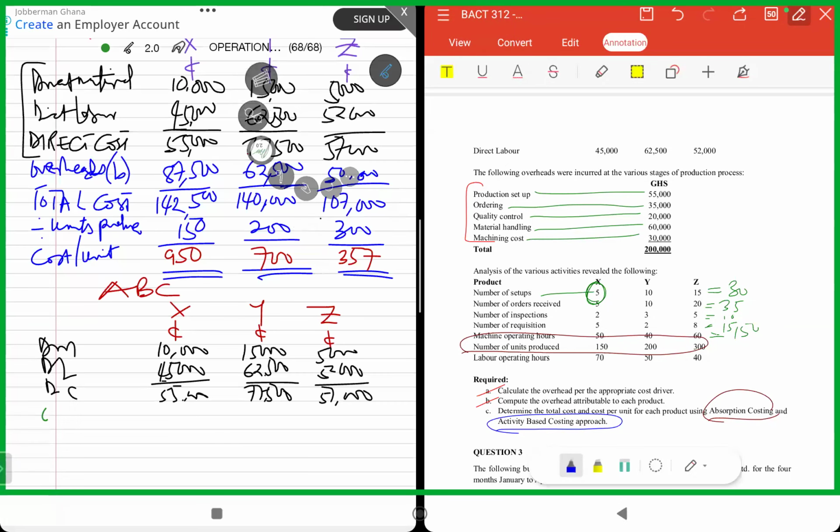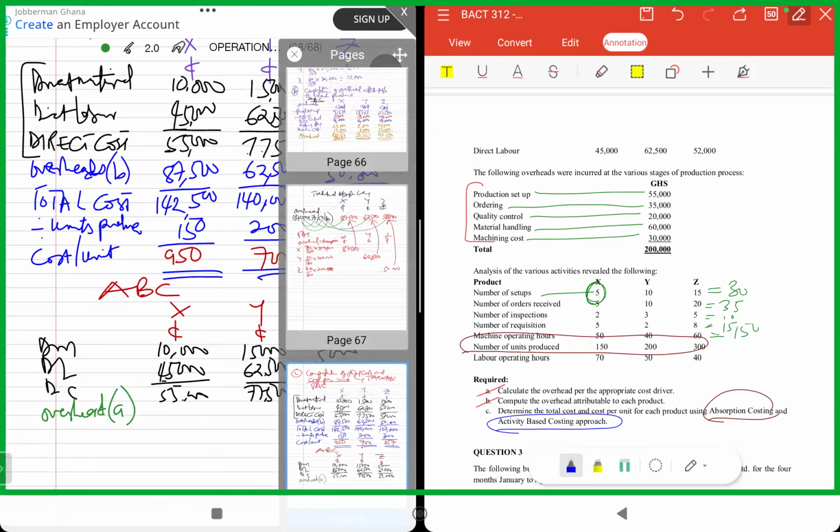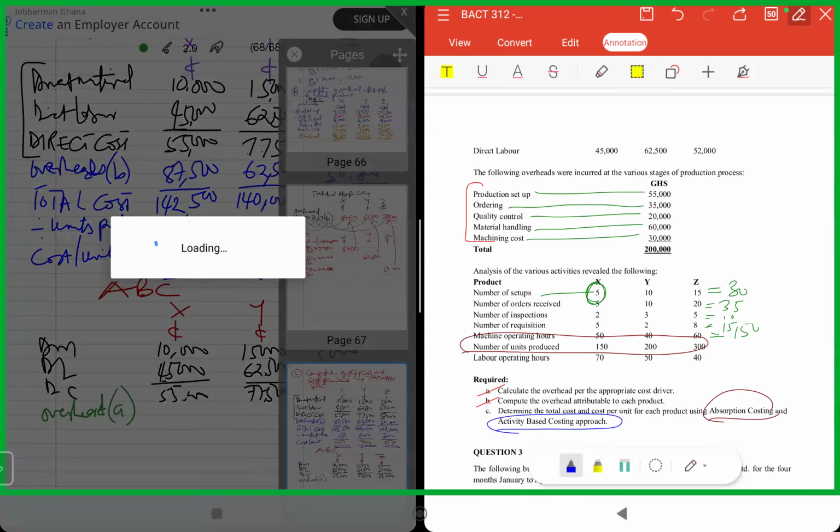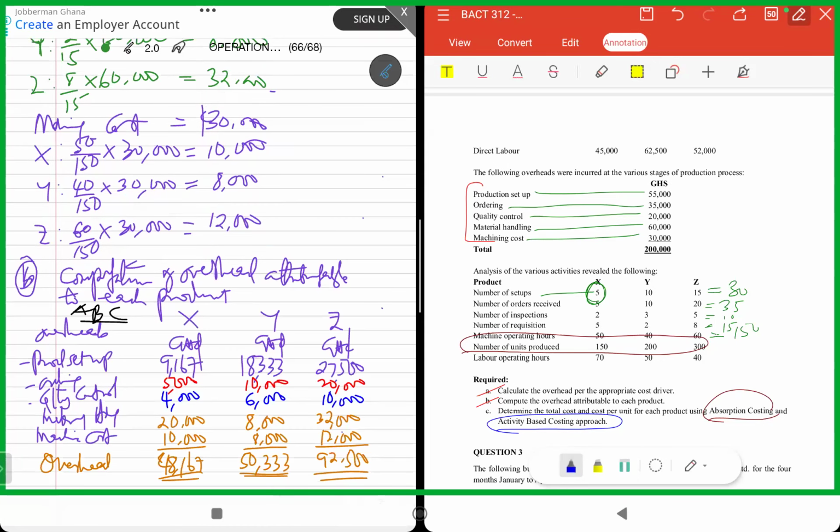So overhead. We also finished the final overheads in working A. So working A, what's the overhead for X? Another traditional absorption cost. What's the overhead for X? 87. 48,167.